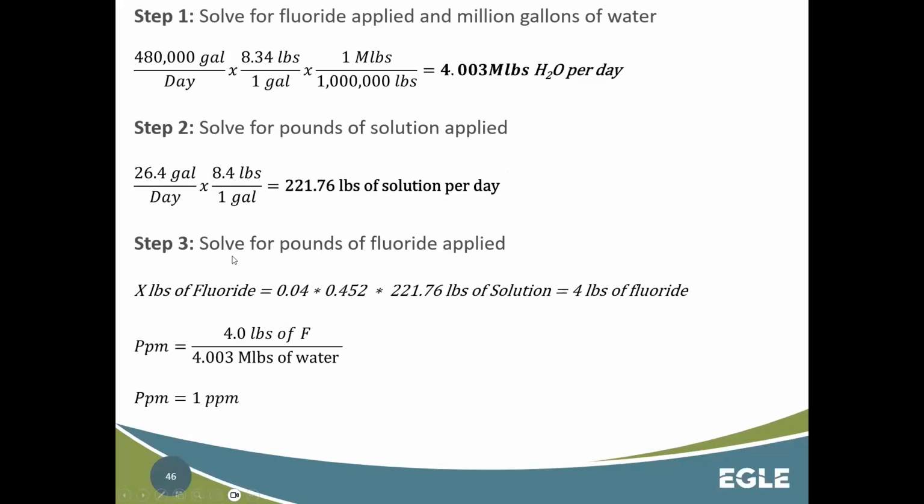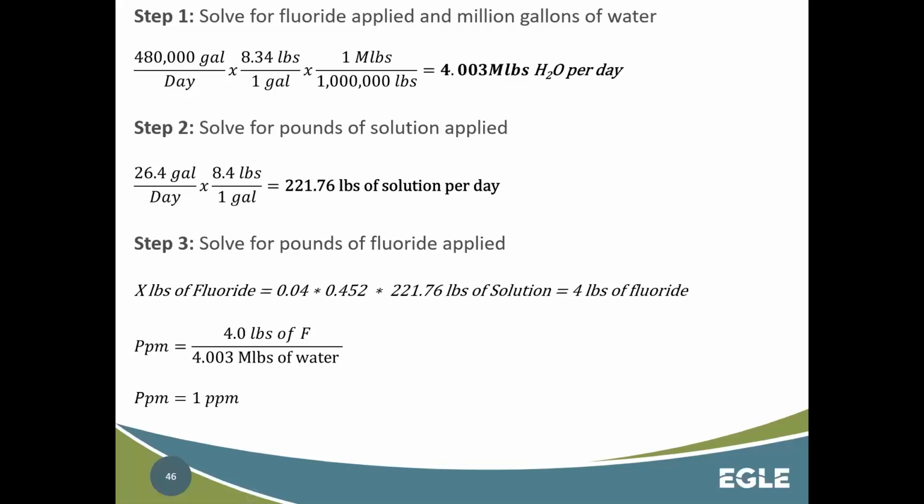And then step 3 is to solve for pounds of fluoride applied. So we have 221 pounds of solution. We multiply that by the yield of the sodium fluoride, which we discussed in an earlier slide, which is about 45.2%, times the maximum saturation.